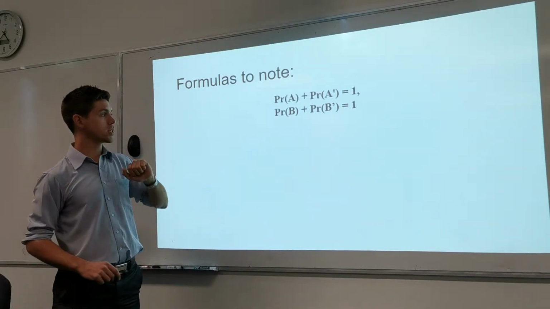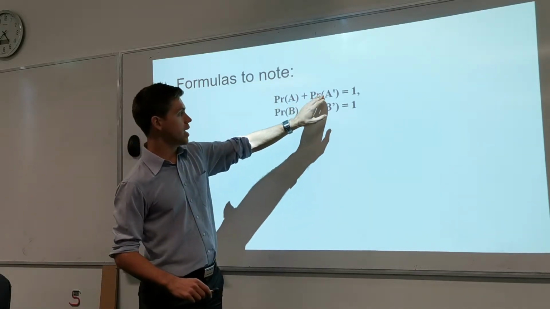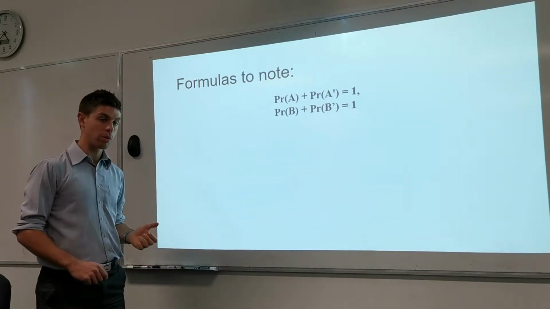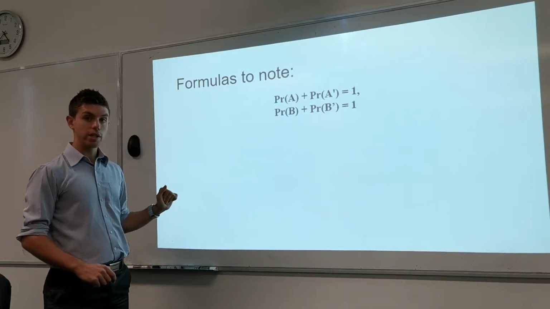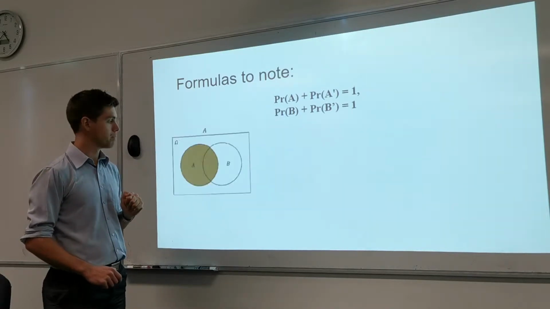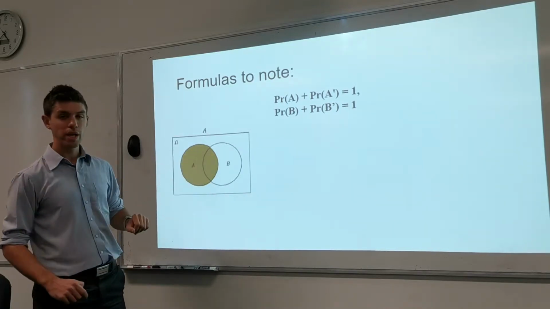These second two formulas to note. What was mentioned in the two-way table, that the probability of A and not A is equal to 1, and likewise B and not B is also equal to 1, or B and its complement. Visually, let's have a look at what that appears like in a Venn diagram. Probability of A. Then where's not A?